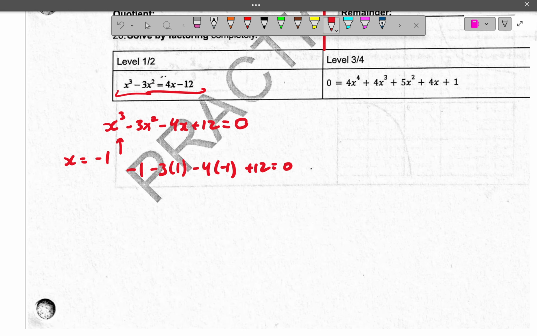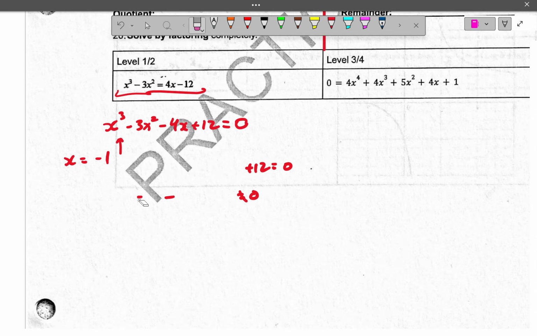So -1 minus 3 is -4, and these two become plus 4 plus 12. And that's not going to be equal to 0. So that didn't work. So then you would try something else.